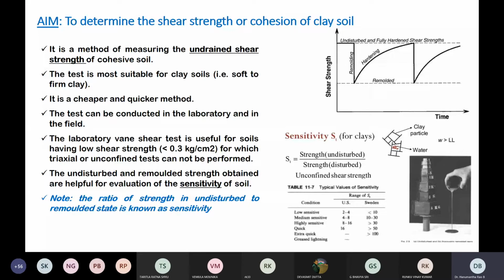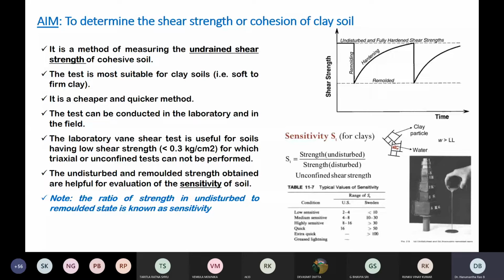Or, another way of understanding this: initially I have a slurry, I determine some strength, and I allow it to stand in undisturbed condition. And after 24 hours of undisturbed condition, I again determine the strength of that particular soil.